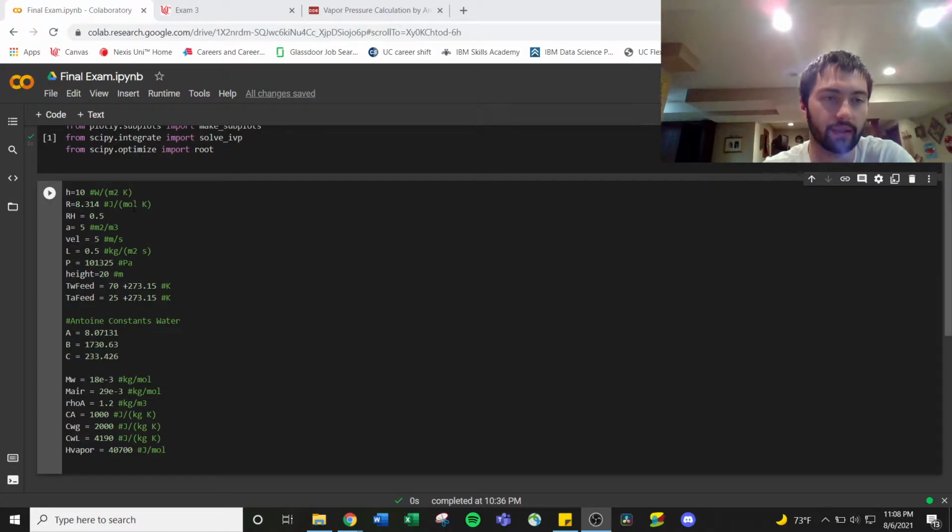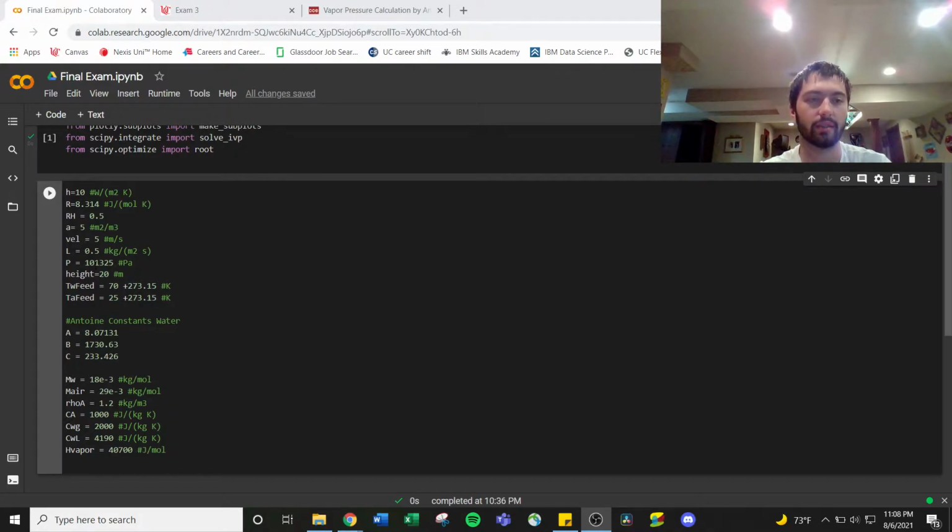Next, we know the ideal gas constant is 8.314 joules per mole Kelvin. We're given that the relative humidity is 50% or 0.5. Next, we have the specific area, and that was given to be 5 meters squared per cubic meter.